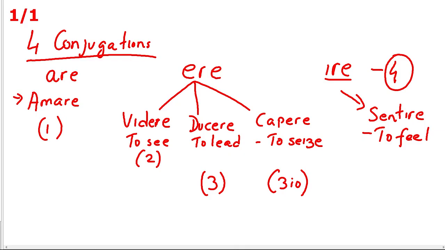That means you have to know which verbs belong to second, third, and third IO. There is no other shortcut for this. You have to know, for example, tenere belongs to second, whereas ducere belongs to the third. So this will come slowly.